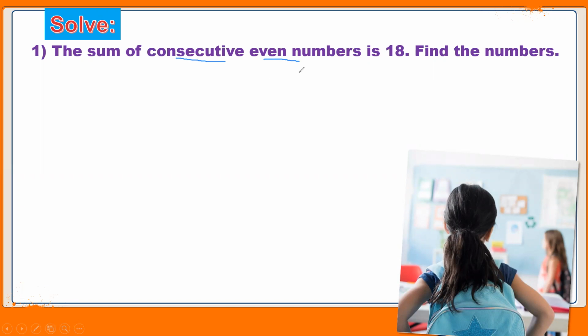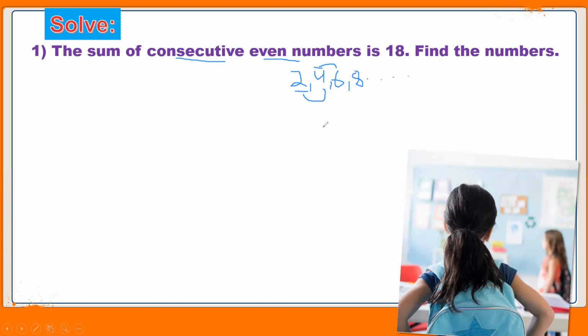So what is the first even number that comes to your mind? 2, then 4, then 6, then 8, and so on, right? So consecutive means if the first number is 2, the second number will be 4. If the first even number is 4, the next even number will be 6.